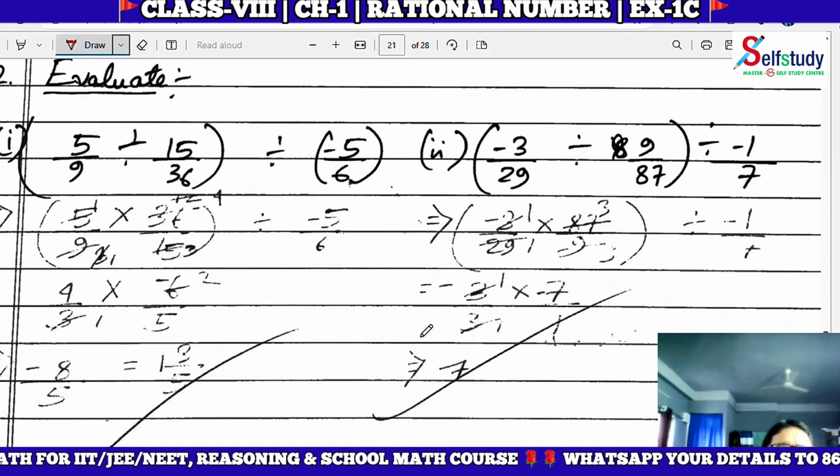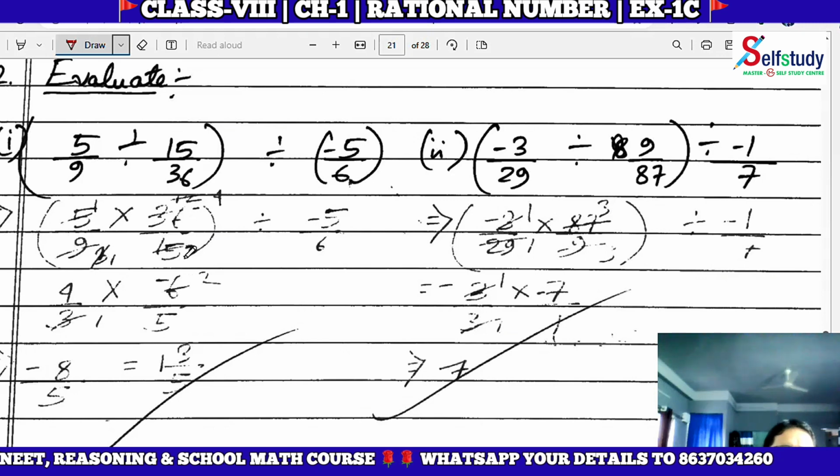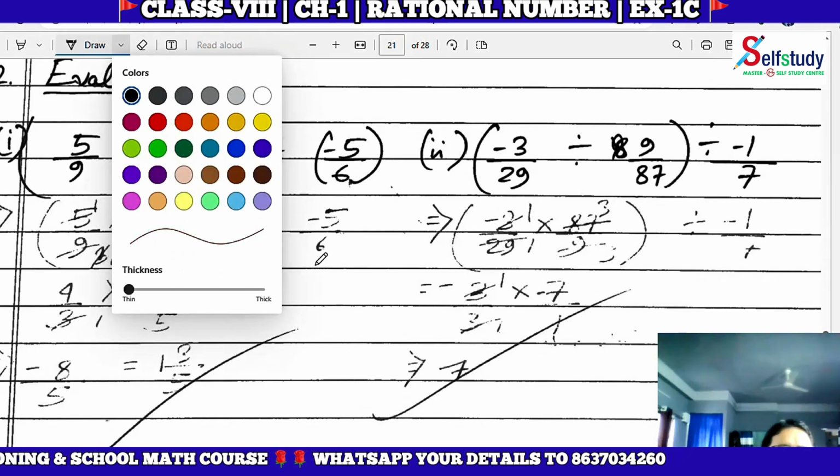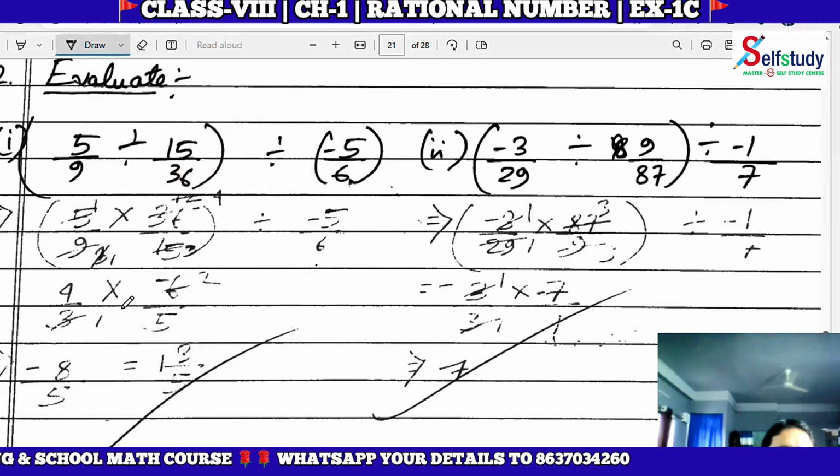Now evaluate. Number 12, I think this is the last question. So 5 upon 9 divided by 15 upon 36. Just simplify this. This will be 36 upon 15. So 4 upon 3, into 3 3s are 9, 3 12s are again 3 4s are 12.